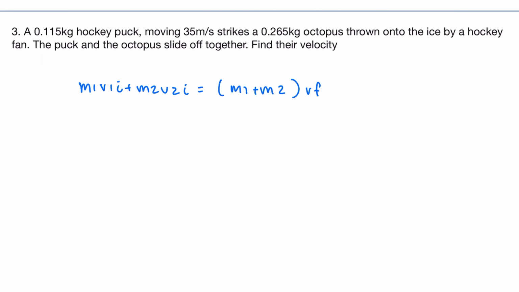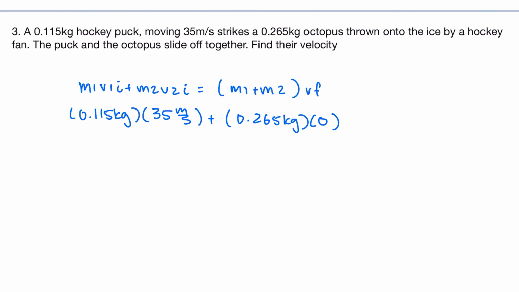And we just plug in all the values. So for our first mass, we're going to use the hockey puck, so 0.115 kilograms times 35 meters per second, plus the octopus, which is 0.265 kilograms, times 0, because it's stationary, it's at rest, it's not moving, equals 0.115 plus 0.265 times VF.